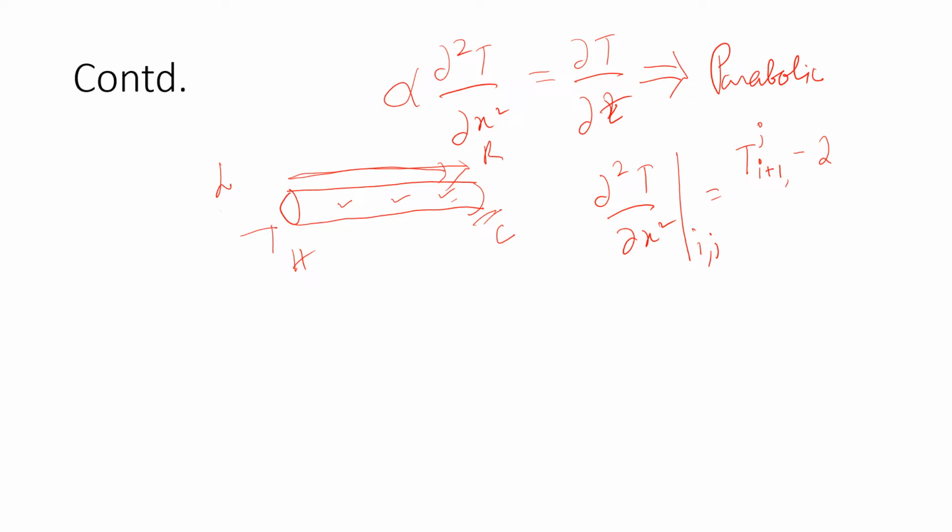So T(j, i+1) minus 2 T(i, j) plus T(j, i-1) divided by del x squared. This is the central difference of the second-order partial differential equation, del squared T by del x squared.